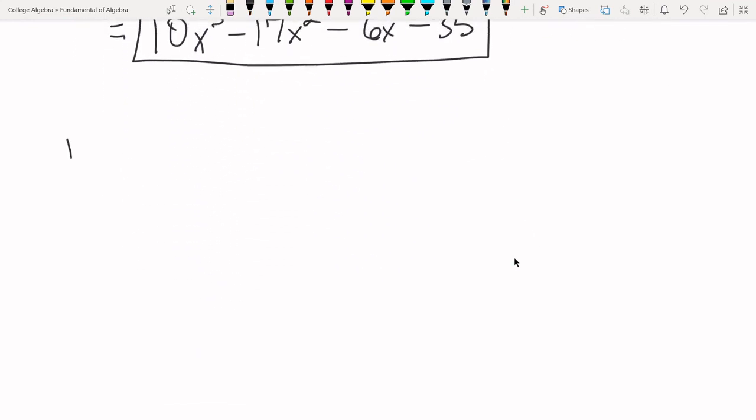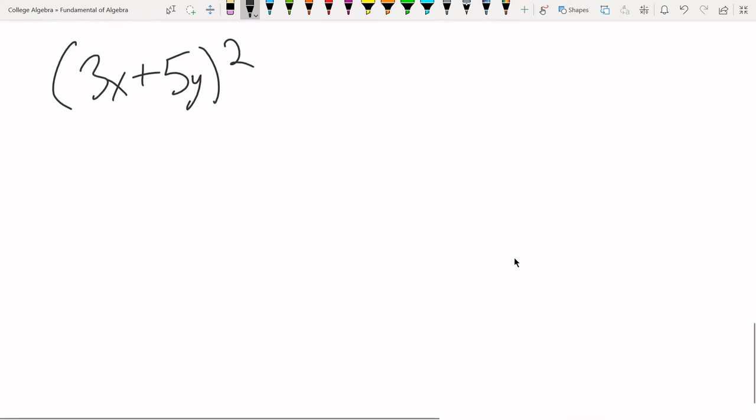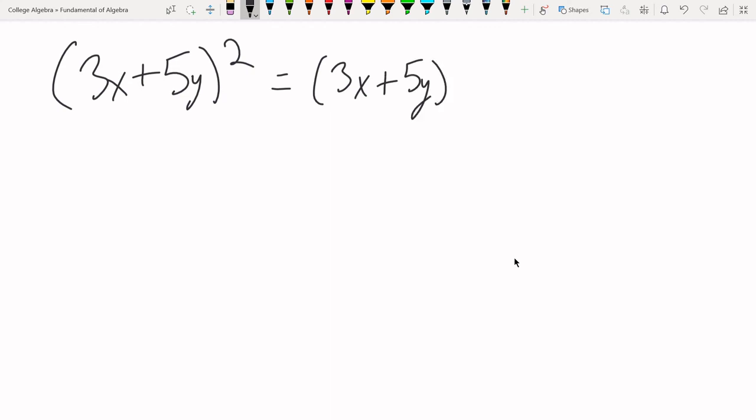Let's look at this one here. 3x plus 5y squared. So this thing we're going to want to first expand the polynomial out. And now we're just doing distribution.